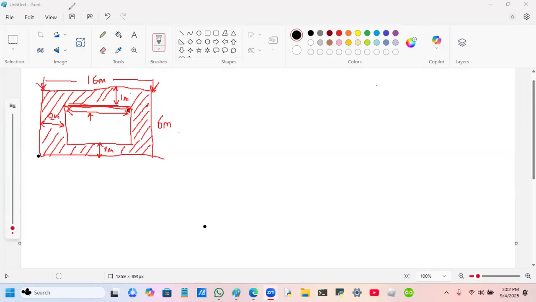Huh? 4. No, it can't be 4 now. See, please just watch me. Remember, they told us that along the width, the margin is what? 2 meters, isn't it? If there is 2 meters here, do you know that it means that there will also be 2 meters here?